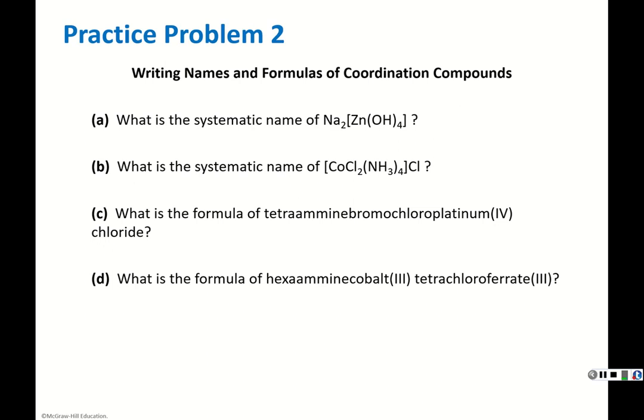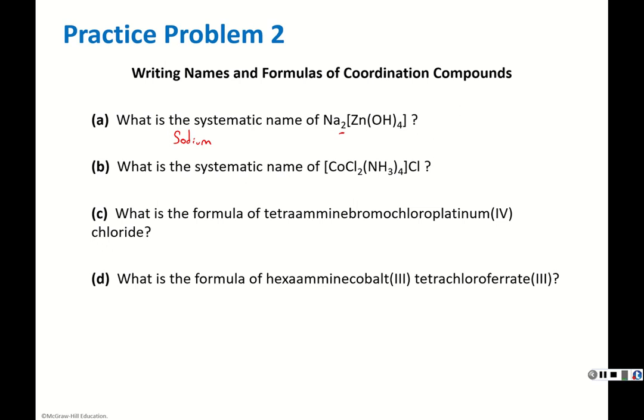So we have the cation first, and our complex ion is an anion. So we have sodium, okay, and we don't really need to denote the number of sodiums with this. We just say sodium, okay? And if you want to find the formula and know how many there are, then you do the calculation with the charges.